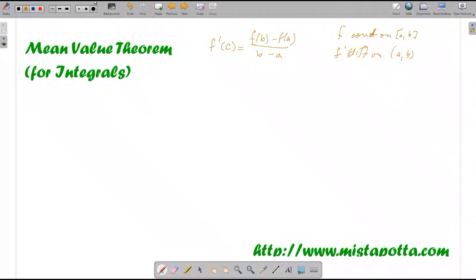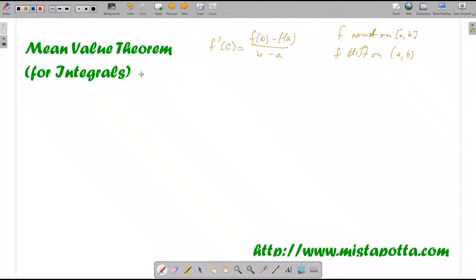And as long as this is true, as long as f is continuous on the closed interval and differentiable on the open interval, then we're all good.